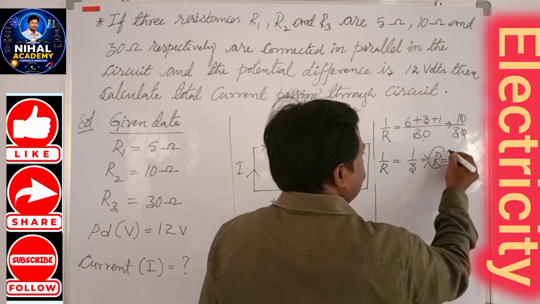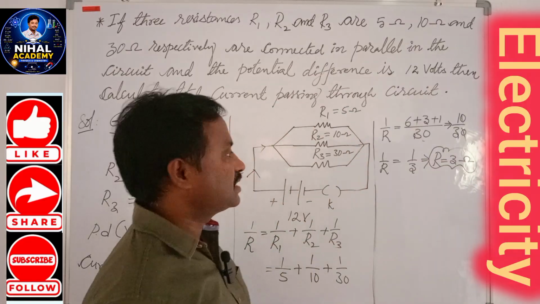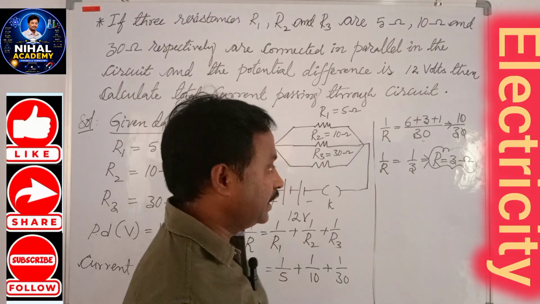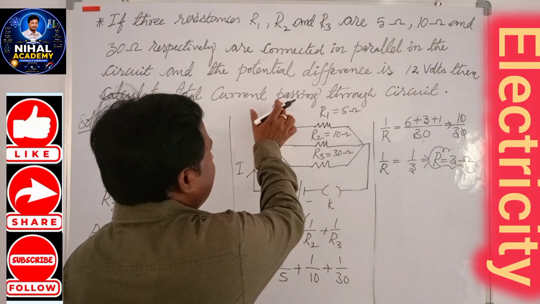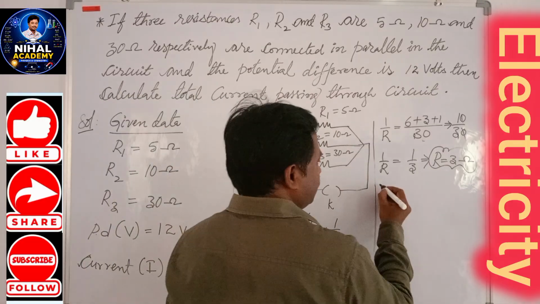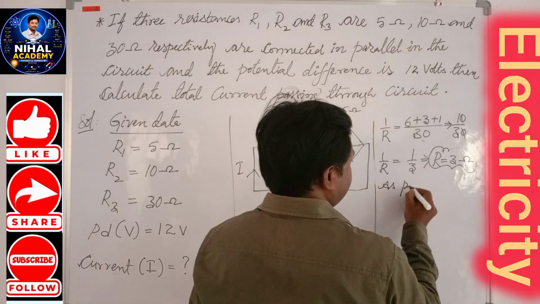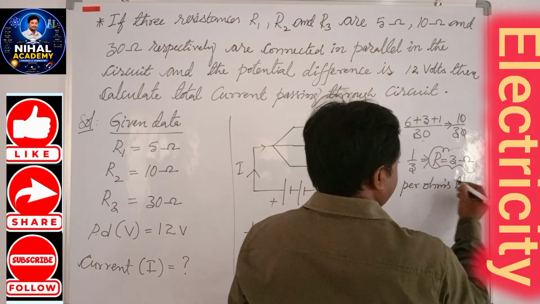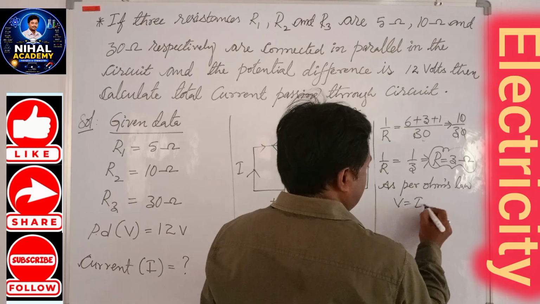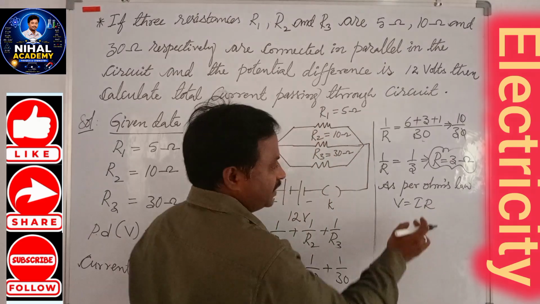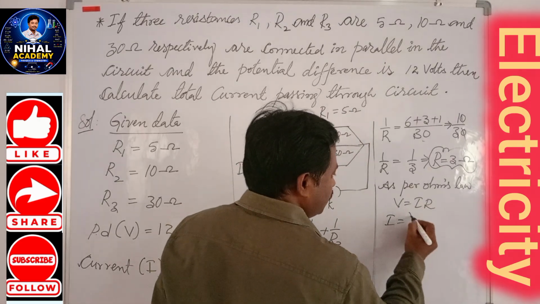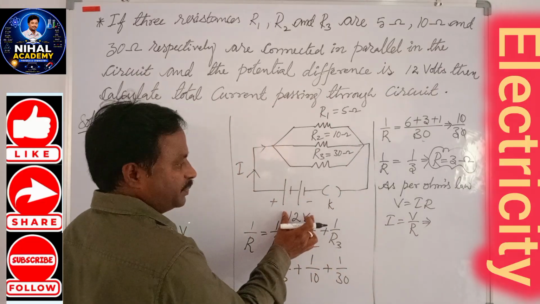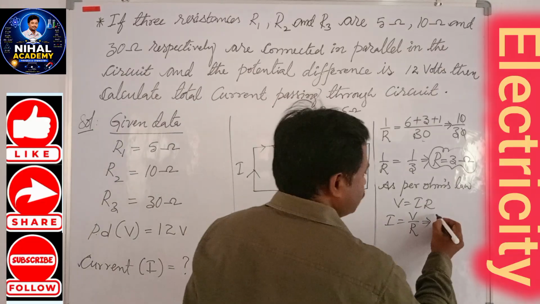So this is the total resistance or resultant resistance in the parallel circuit, that is R is equal to 3 ohm. Now we have to calculate the current passing through the circuit. As per Ohm's law, we can write V is equal to IR. So from this I is equal to V by R. The total potential difference of the battery V is given, that is 12 volt.